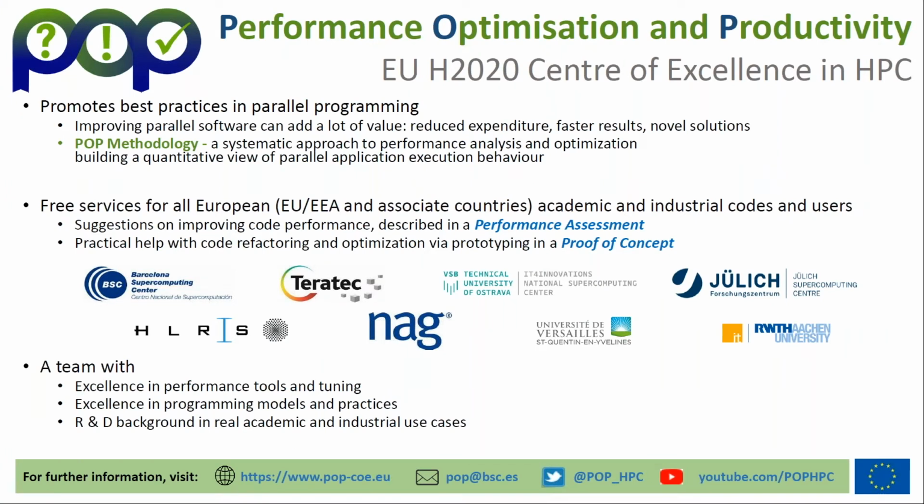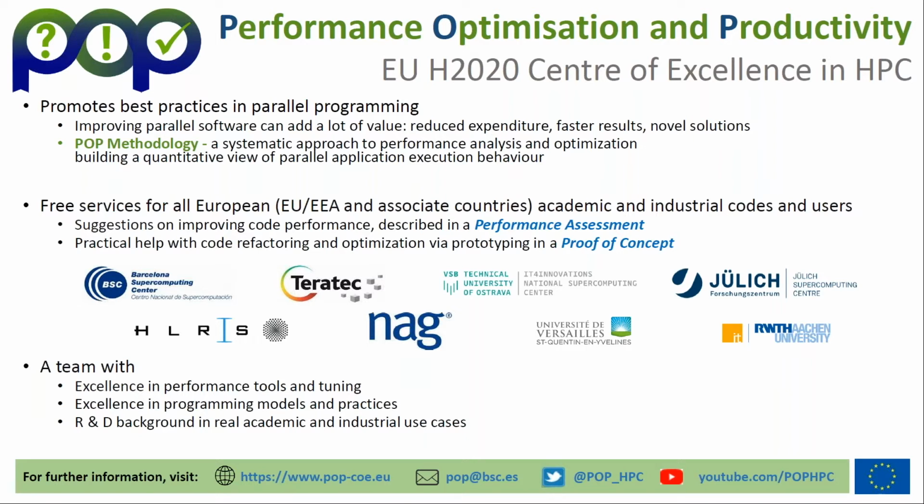The Center of Excellence for Performance Optimization and Productivity was set up to promote best practice in parallel programming and the use of parallel computer systems. We recognize that improving parallel software can add a lot of value to it. It reduces the expenditure of using that software. You get the results potentially faster, or you're able to solve problems that you weren't able to solve before and get new results.